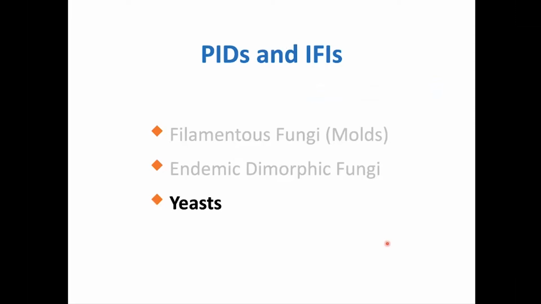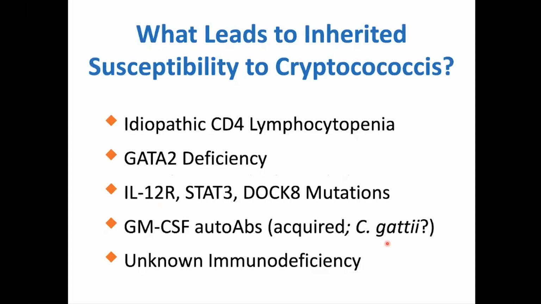So the last but not least segment would relate to yeasts. And here are the two major yeast pathogens that we need to cover, Cryptococcus and Candida. So this is Cryptococcus, and when we see patients who develop cryptococcosis, we need to think of these entities here.